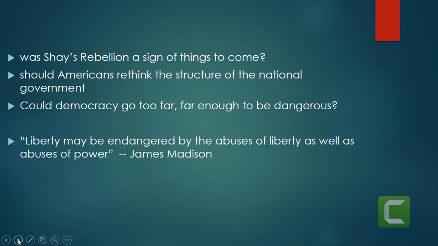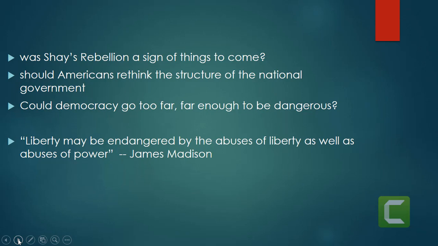And, for example, James Madison, who will be very important to our story over the next couple of lectures, also a Virginian like Jefferson, reached a very different conclusion than Jefferson did. After hearing about Shays' Rebellion and reflecting on what might have happened, James Madison very famously wrote that liberty may be endangered by the abuses of liberty as well as abuses of power, right?